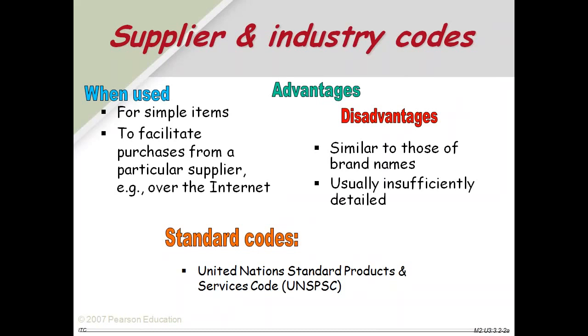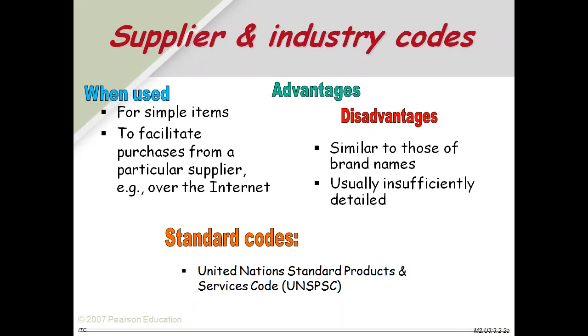Now people are coming with an international universal code called UNSPSC, United Nations Standard Product and Services Code. This is a code which I worked on from the very day one when we implemented it in the UN. Disadvantages are similar to those of the brand names.